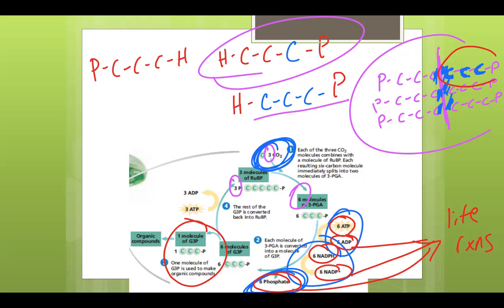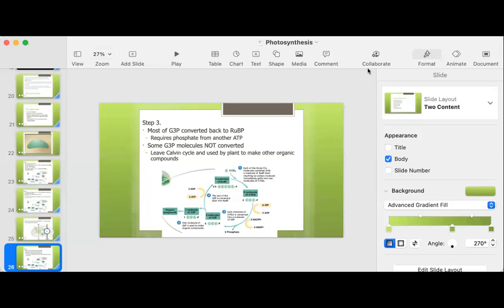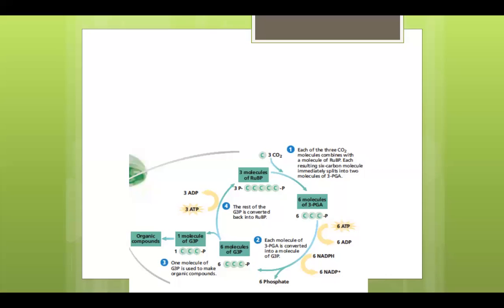So what you're going to be left with is 5 3-carbon compounds. So you're going to have this, that's 3, 4.